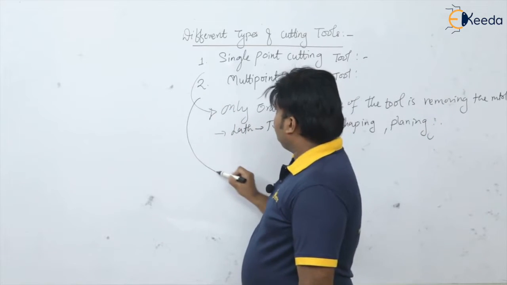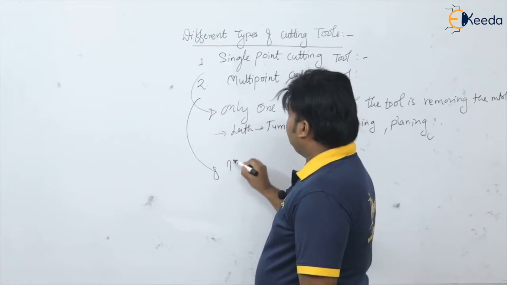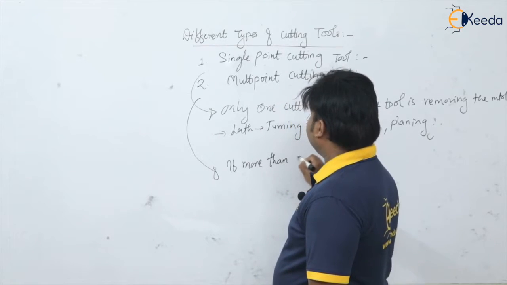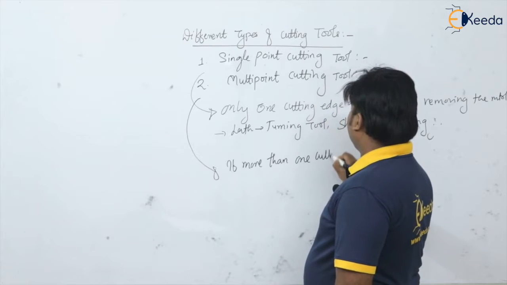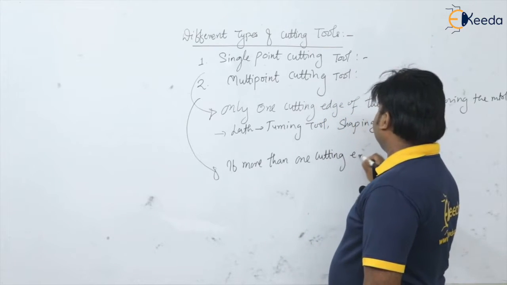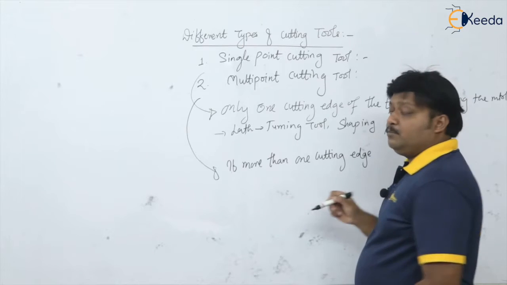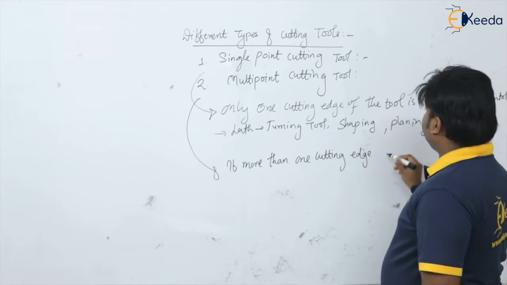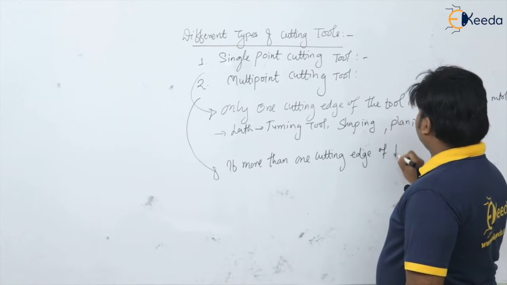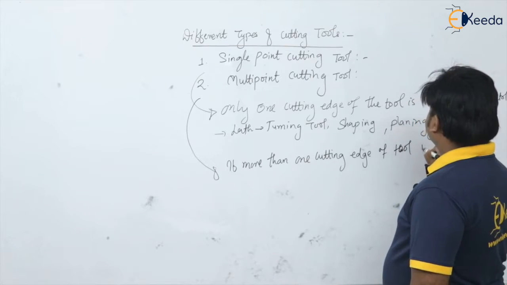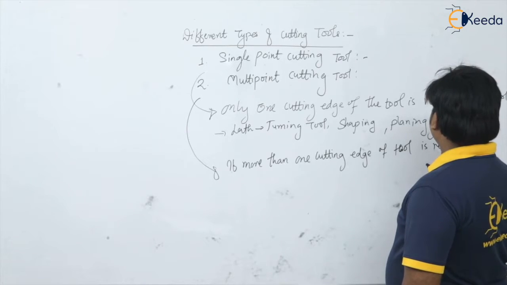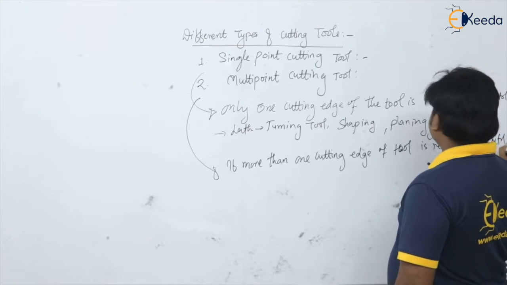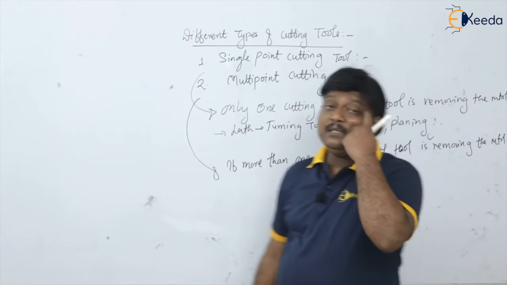Now what is meant by a multi point cutting tool? If more than one cutting edge is participating in the material removal, then it is known as a multi-point cutting tool.